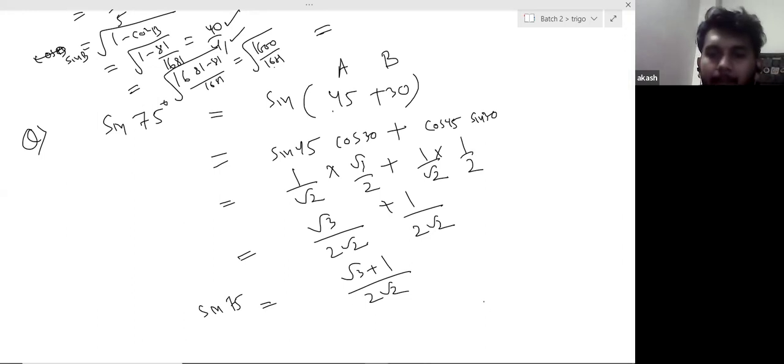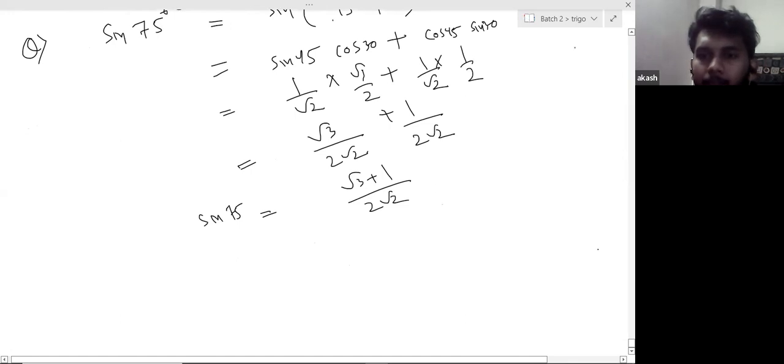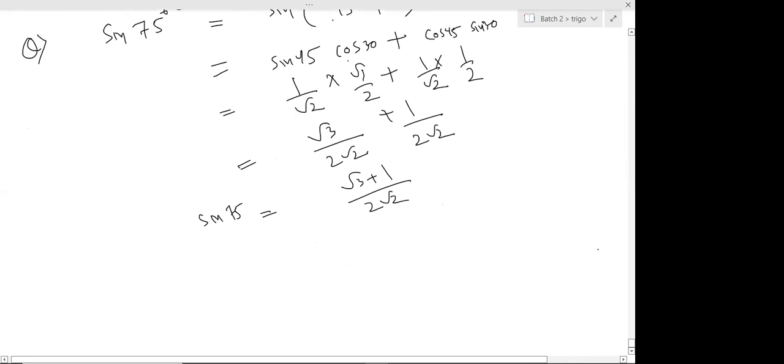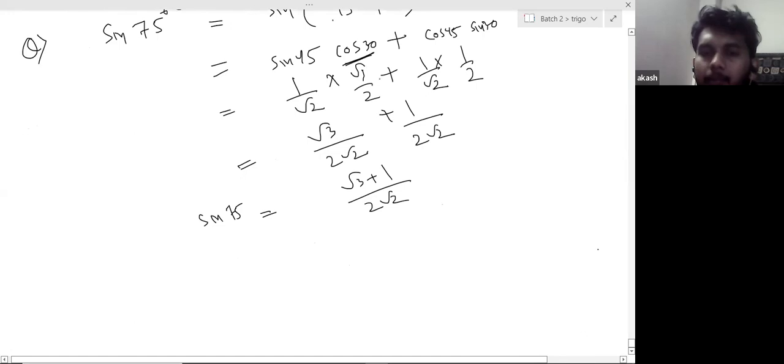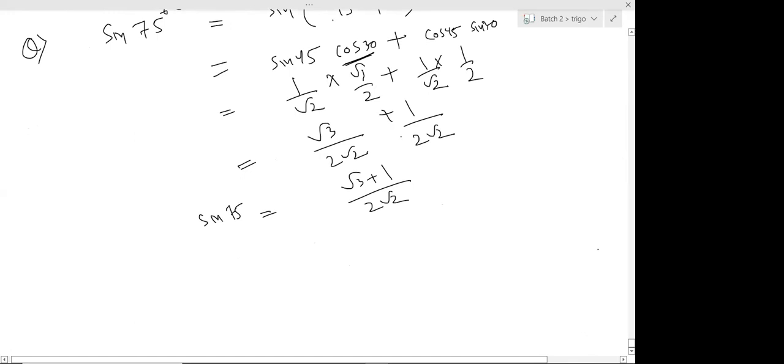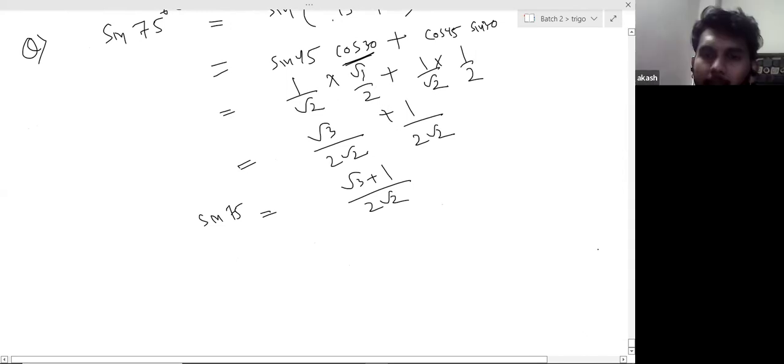Rahman, Shaifullah, Sir, how did we get root 3? The value of cos 30 is root 3 by 2. Sir, you wrote 1 by root... No, this is root 3.